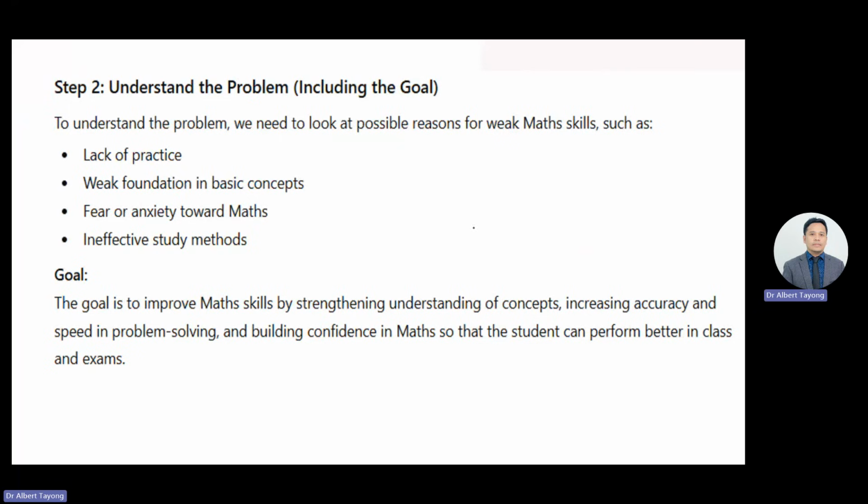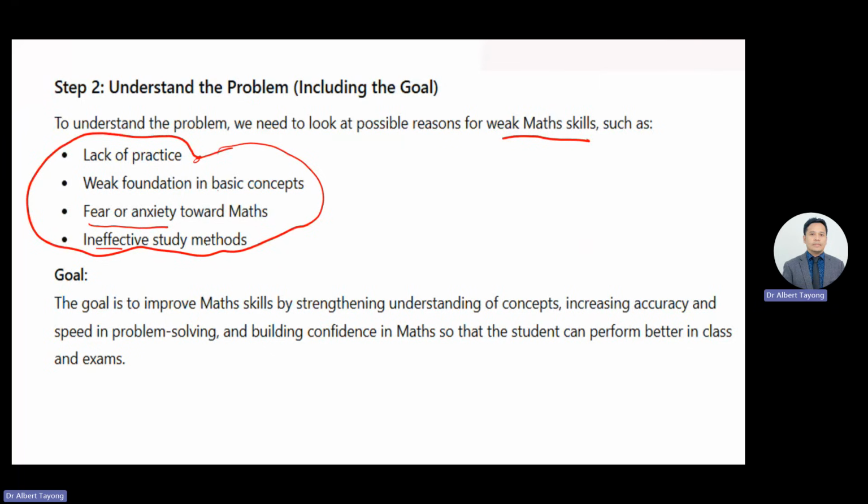So we need to look at possible reasons for weak mathematical skills. For example, lack of practice, weak foundation in basic concepts, anxiety or fear towards mathematics, or ineffective study methods. So these could be the root causes or the reasons why the student is facing this particular problem.